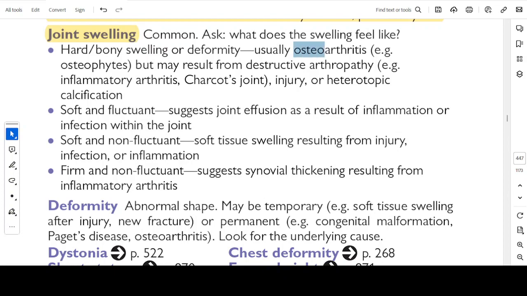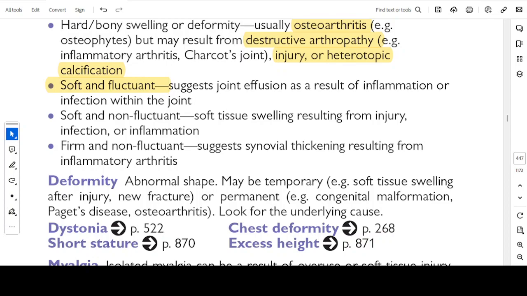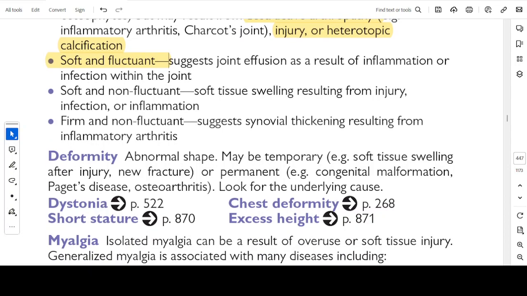Usually if it's a hard swelling, then it could be either osteoarthritis, destructive arthropathy, injury or heterotopic calcification in a joint. Soft and fluctuant swelling in a joint suggests joint effusion as a result of inflammation or infection within the joint. Soft and non-fluctuant: soft tissue swelling resulting from injury, infection or inflammation. Firm and non-fluctuant: synovial thickening resulting from inflammatory arthritis.